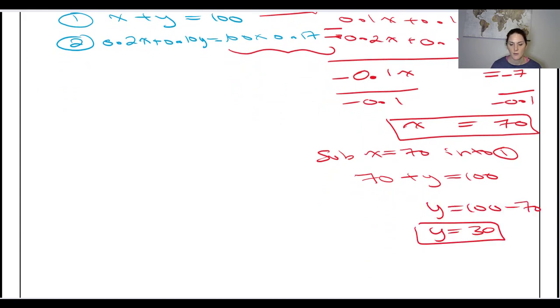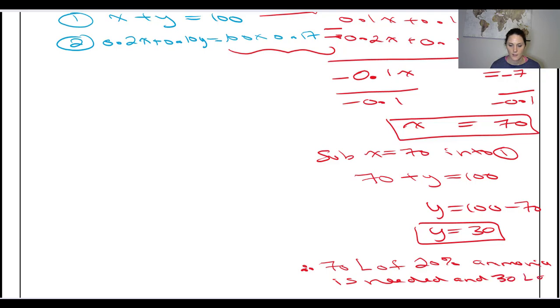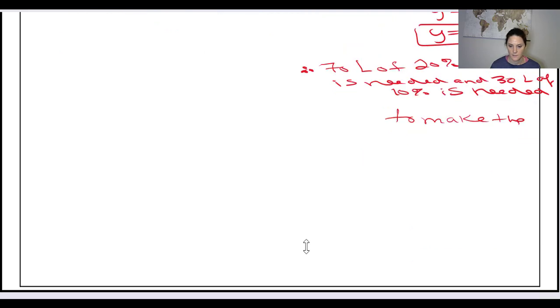And last but not least, we need a conclusion. So therefore 70 liters of the 20% ammonia is needed, and 30 liters of 10% ammonia is needed to make the mixture.